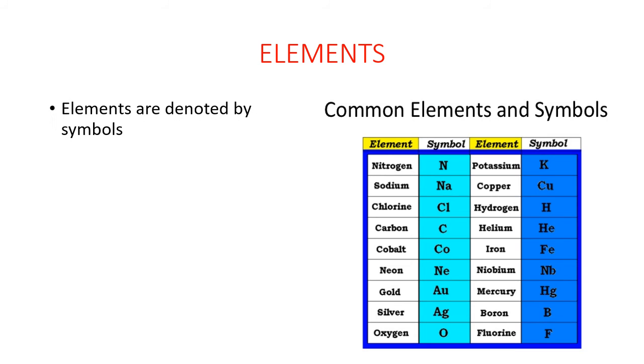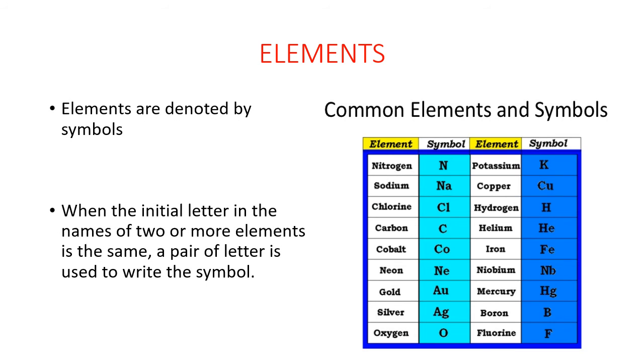Elements are denoted by symbols, and when the initial letter in the names of two or more elements is the same, a pair of letters is used to write the symbol. Means what? Like, for example, chlorine, carbon, and cobalt. Normally we take the first alphabet of our element, like nitrogen, so we have N here.